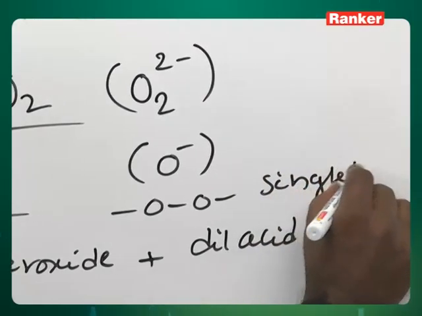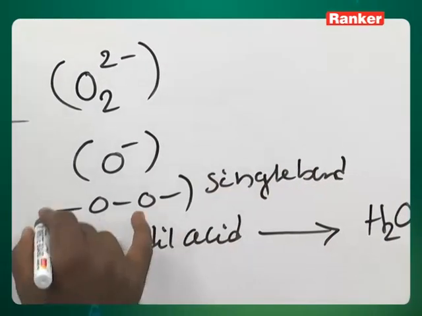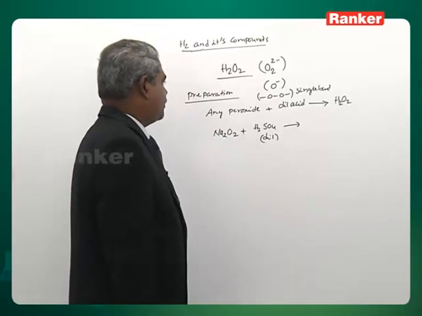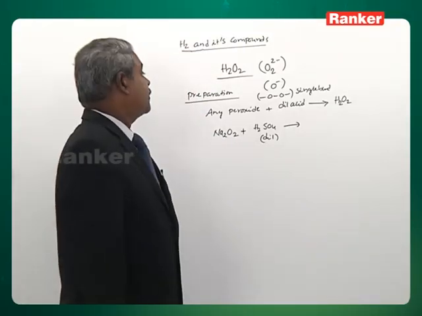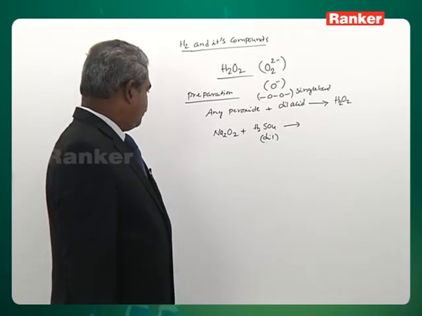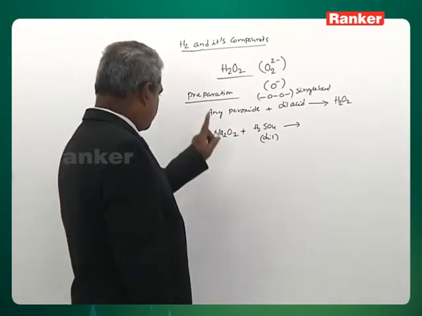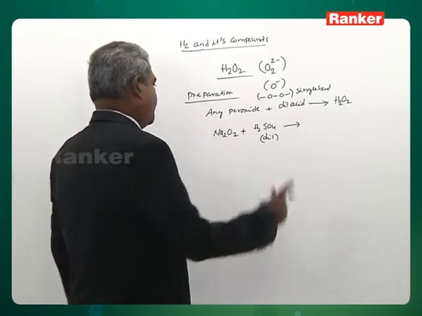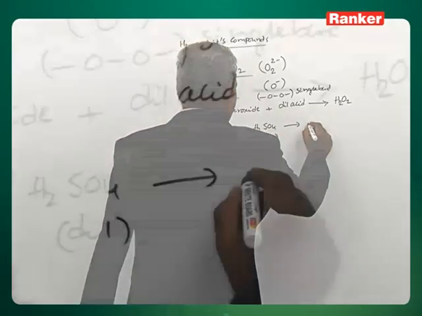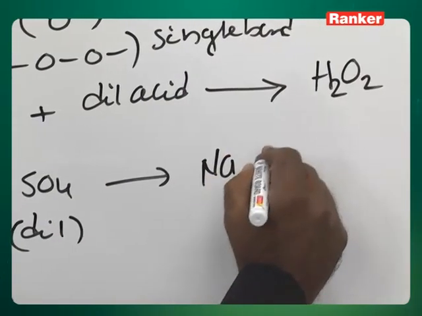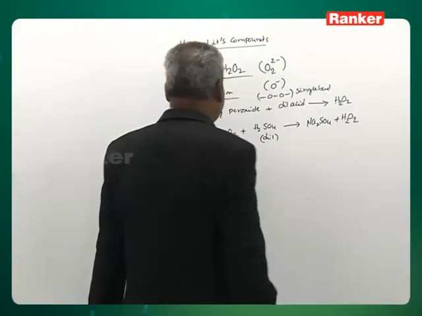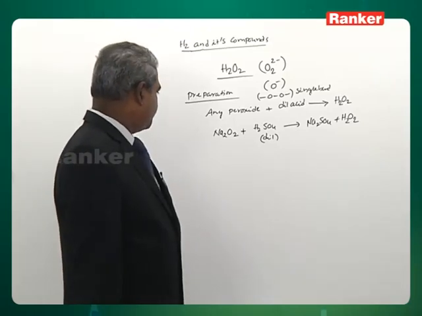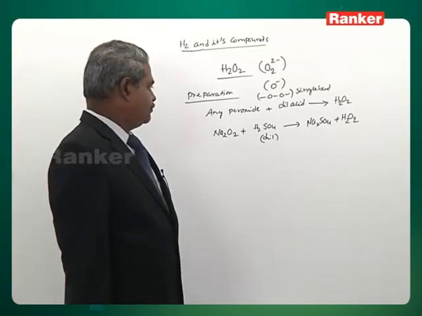There is a lot of chemistry in this oxygen single bond, compounds containing that peroxy bond. Now, Na2O2, so therefore this is a peroxide, sodium peroxide plus H2SO4, you will get Na2SO4 plus H2O2. This is called the Merck's process, names not necessary. H2O2.